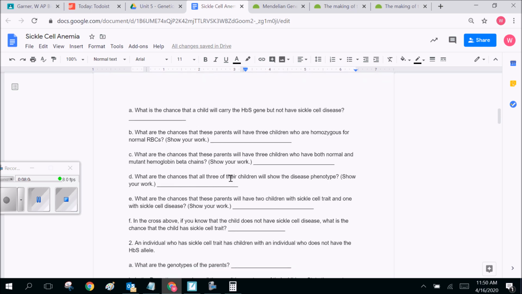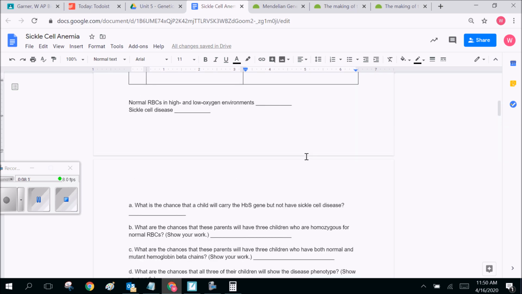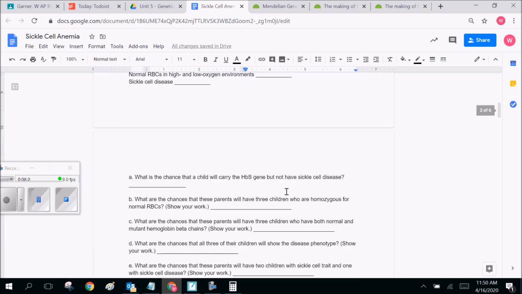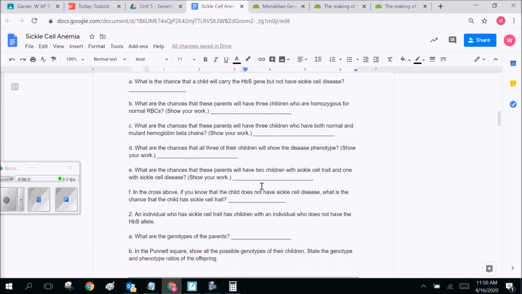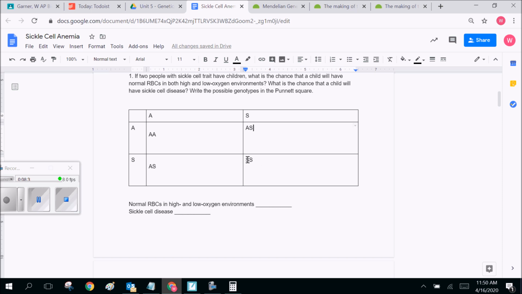Okay, and then of course you do the same for that. Now, what are the chances that these parents will have two children with sickle cell trait and 1 with sickle cell disease? Well, this is actually a lot easier than it looks. So the first 2 kids are going to have the trait. What's the percentage probability that they'll have the trait? Well, it's 50%. So for the first 2 kids, we'll do 50%. And then 1 with the sickle cell disease, well, having the disease is 25%.